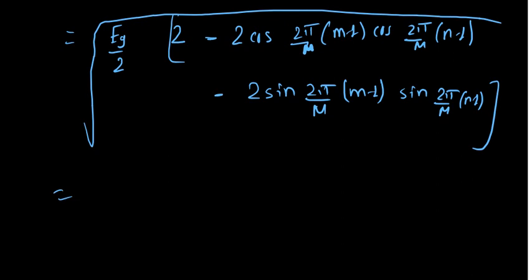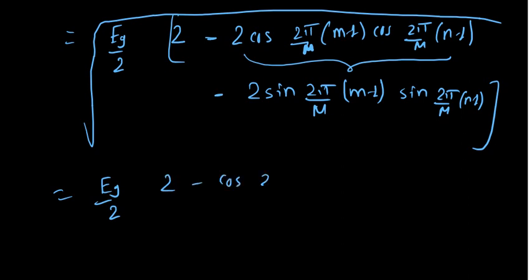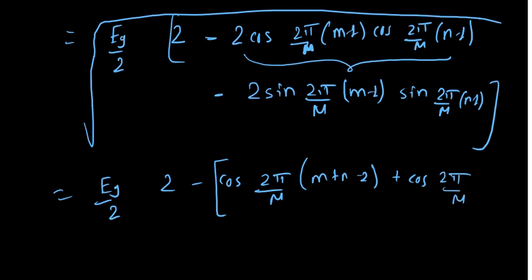Now we know basic trigonometric formulas. We can write this as cos plus cos, so I'm just writing cosine 2 pi by m as it is. First we will add both the arguments, and for the second, the minus sign is outside, we will subtract both the arguments, right?